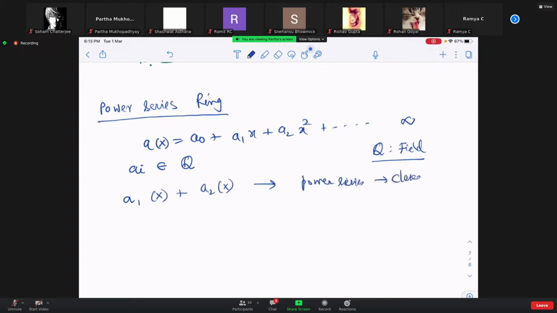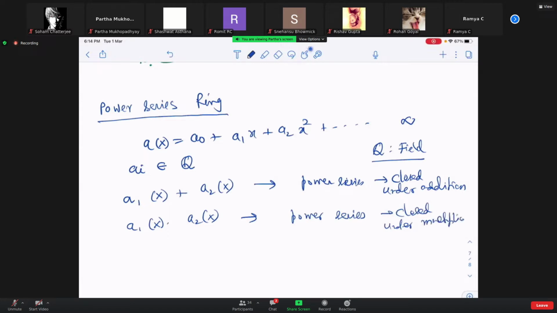Similarly, if you multiply a1x and a2x, this is also a power series. Closed. In fact, when you study groups, you will see this additive structure is a group. You can find the obvious inverse, and 0 is the identity.